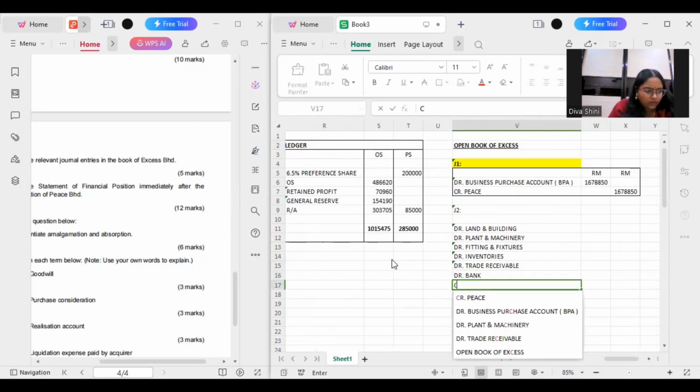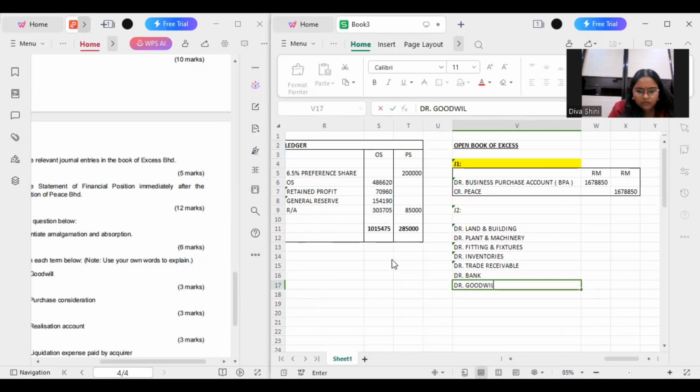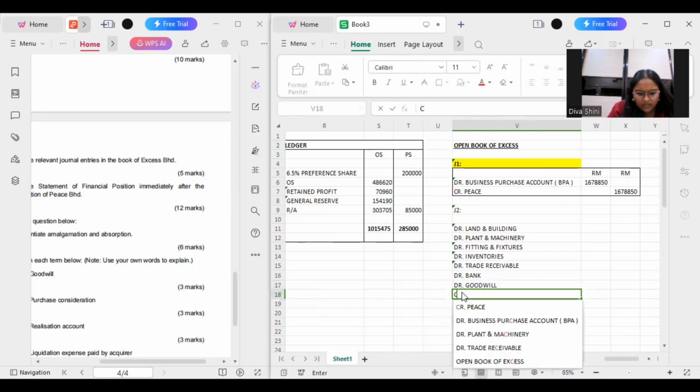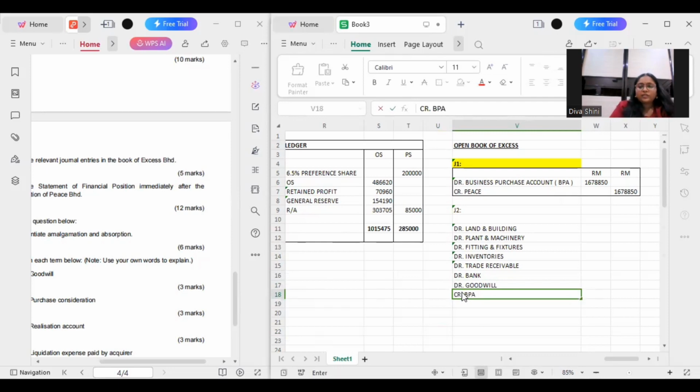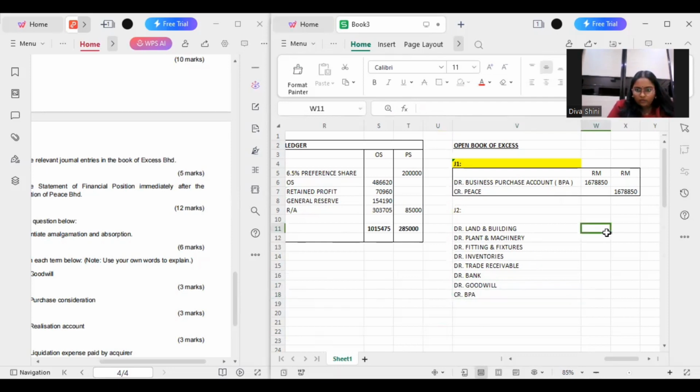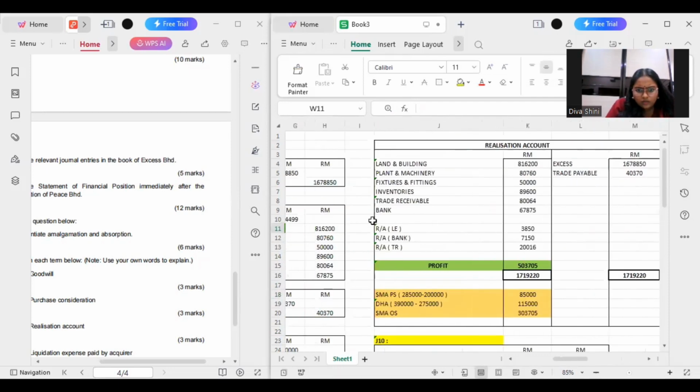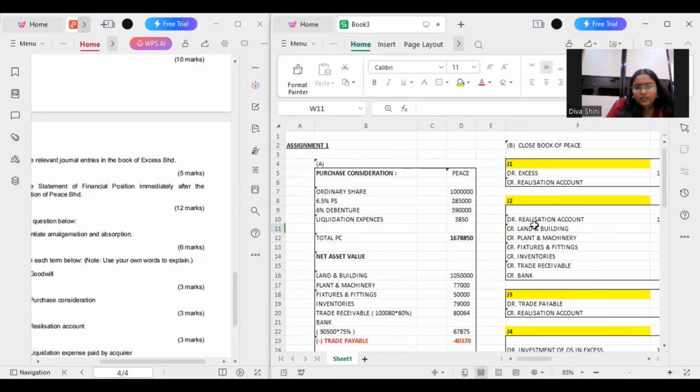And we need to add the goodwill here, and we need to credit it into BPA, which is the business purchase account. For this, we need to take the amount from the goodwill.